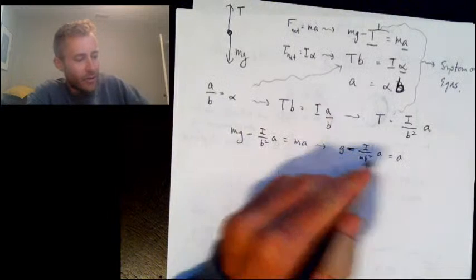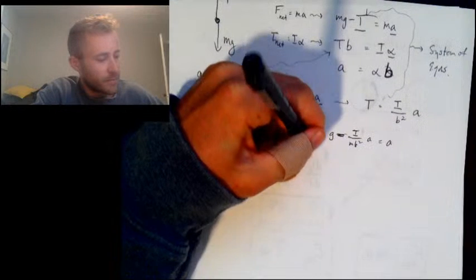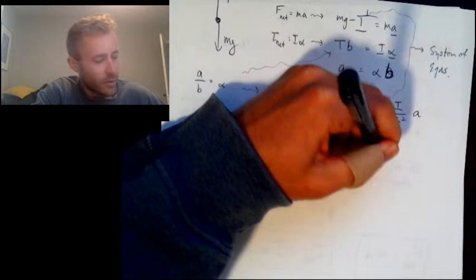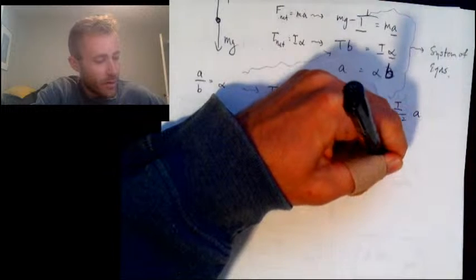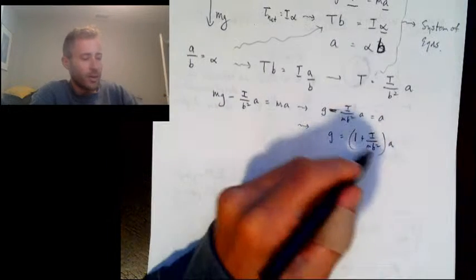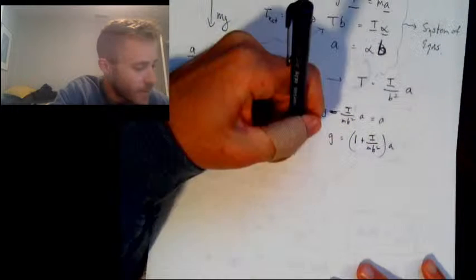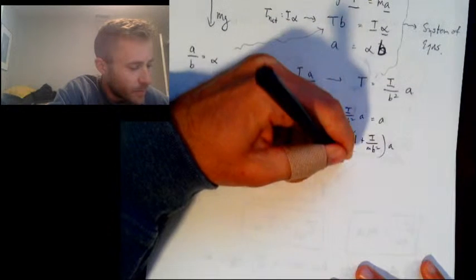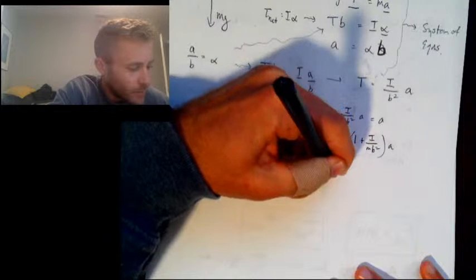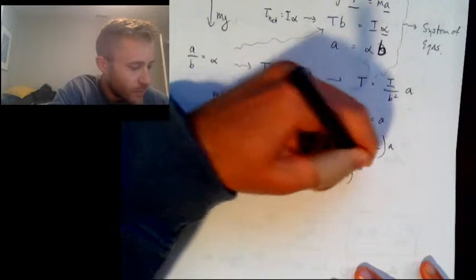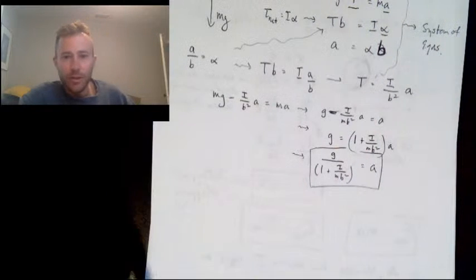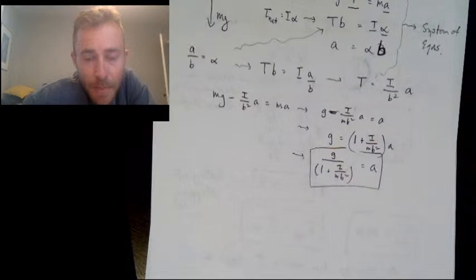I'm going to add this term to the other side. g equals 1 plus I over mb squared times linear acceleration. And then I'm going to divide both sides by this chunk. And so this is going to be the linear acceleration of the yo-yo.